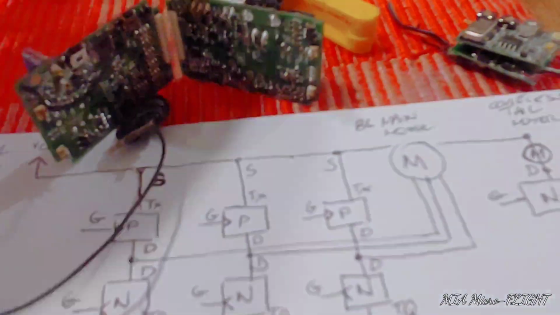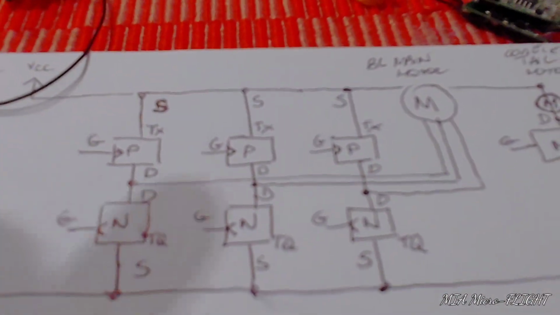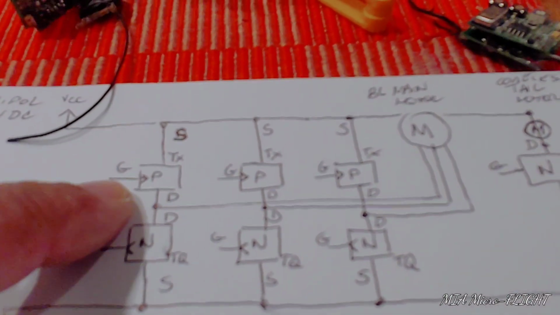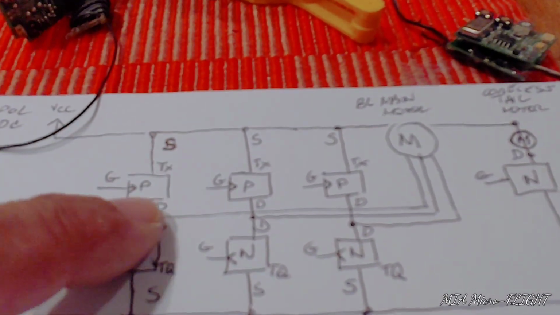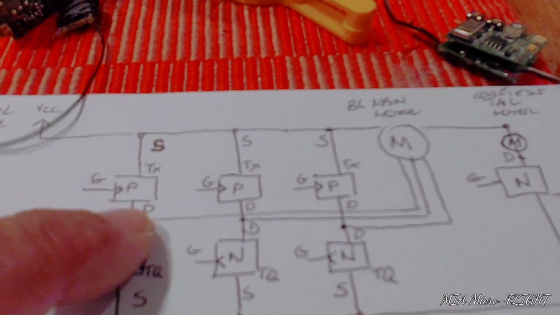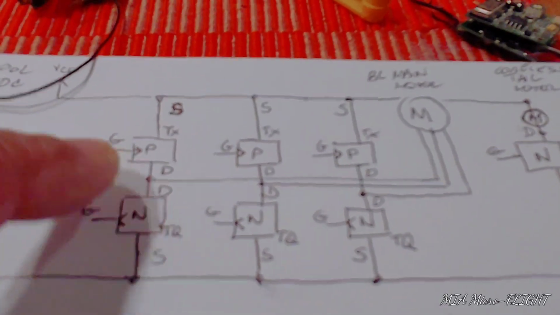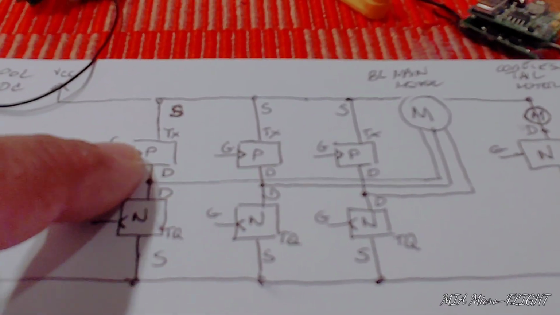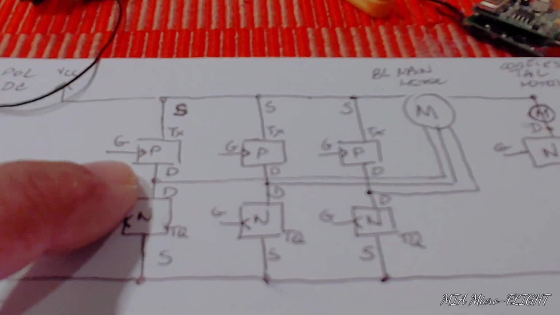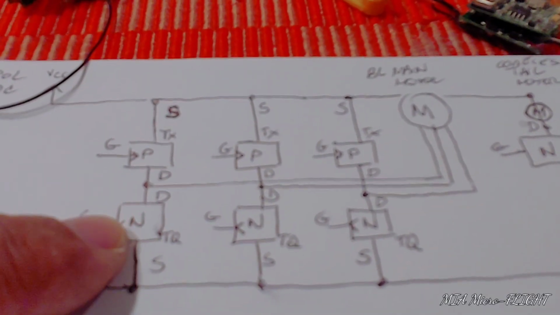I've minimized all the internals of the MOSFETs and just made this block diagram, calling it gate, source, drain, gate, source, drain. So this is the P channel, and the N channel, and I have these arrows right next to the gate to indicate P and N channel.